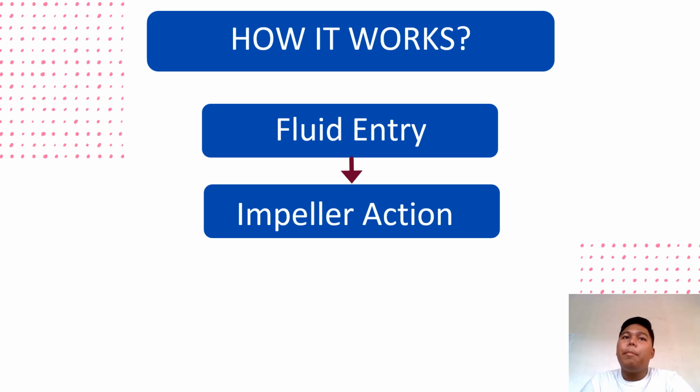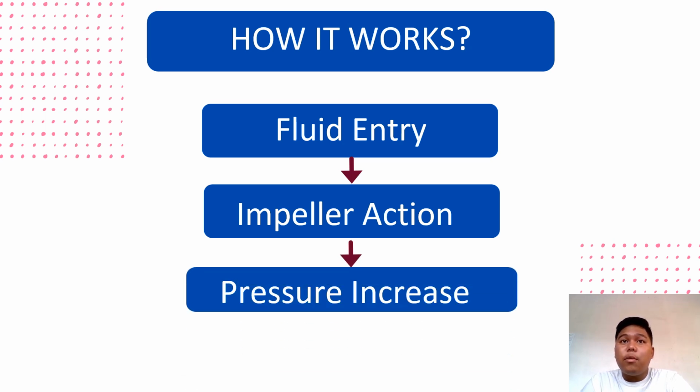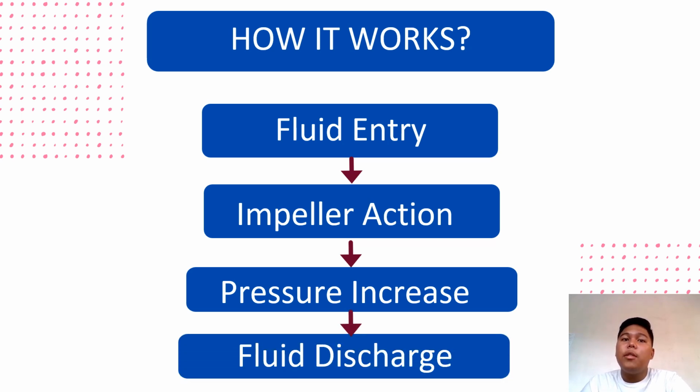The impeller rotates and creates suction that draws the liquid into the pump. As the liquid flows through the impeller, it gains pressure. After that, the fluid discharge. The pressurized liquid is discharged through the pump outlet.